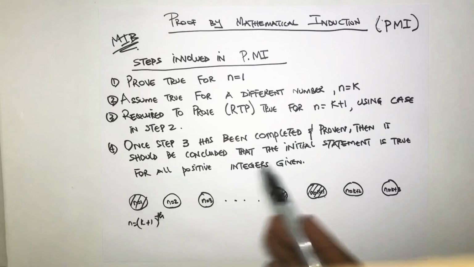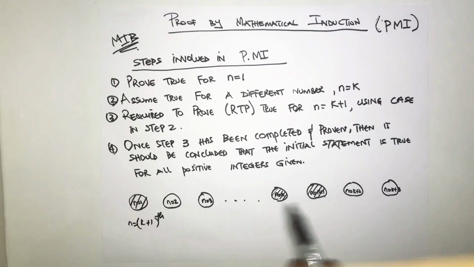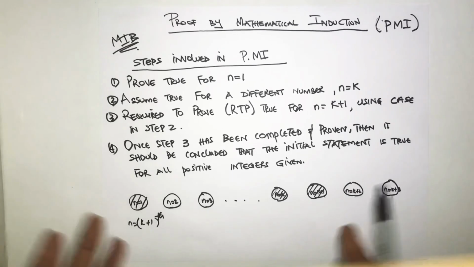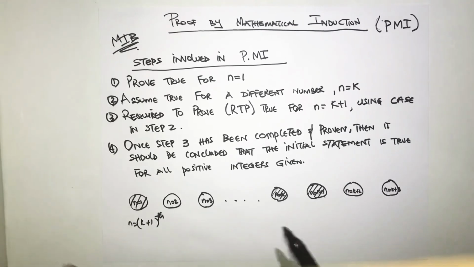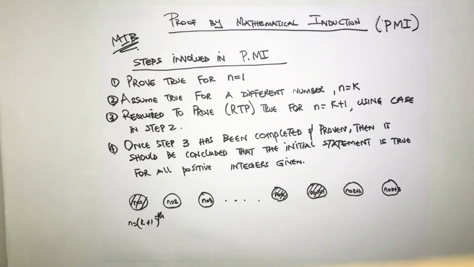That is, all the statements within this induction are proven true. And this is the general basis of what mathematical induction is. Once you follow the steps, then you will end up with a plausible or viable answer from the mathematical induction.